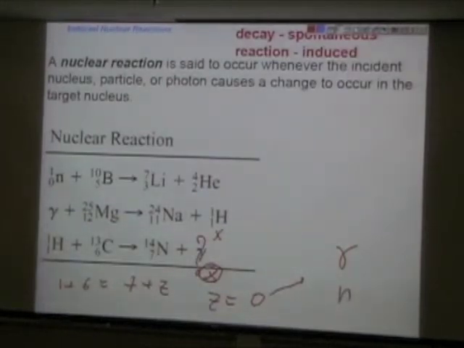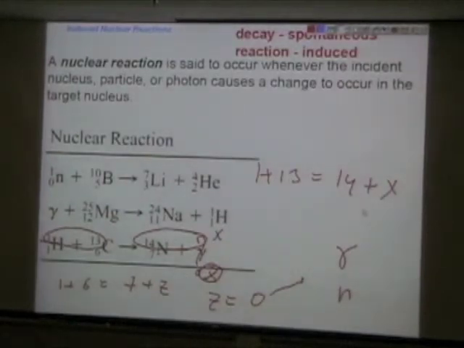Now, to figure out what particle is actually the result of this reaction, we can compare these numbers. Mass number is related to energy. Energy stays the same. Kinetic energy is never large enough to change this number. So we have to say 1 plus 13 is supposed to equal 14 plus x. In this situation, x equals 0. It means this particle doesn't have any mass number, and there is only one particle like that.